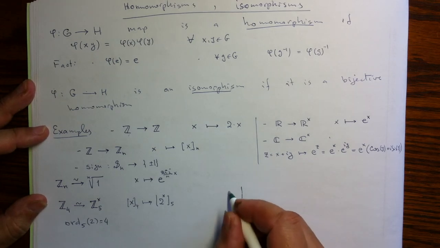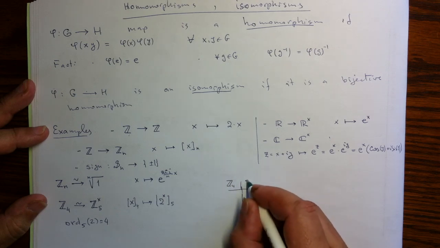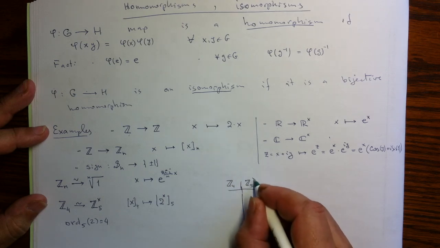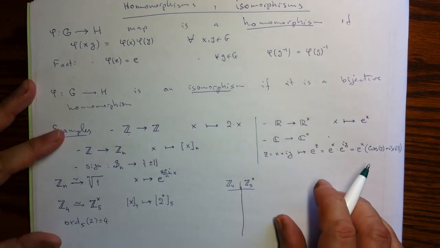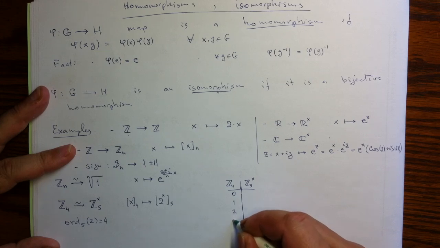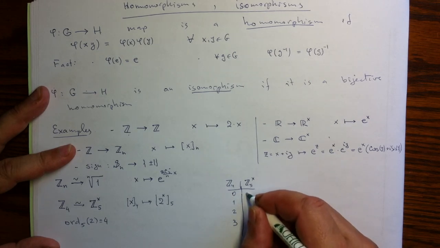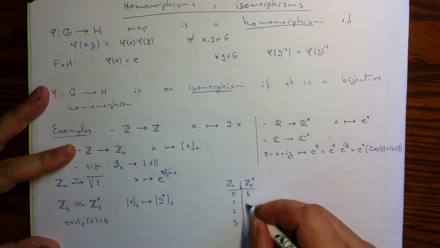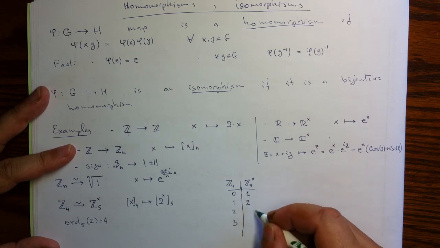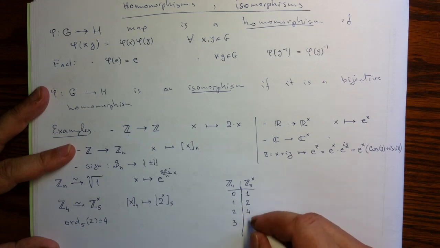So listing the integers mod 4 on the left, before the map, and integers mod 5, but under multiplication, after the map, and then just making them aligned. So there will be 4 of them. 0 goes to the 0th power of 2, which is 1. 1 goes to the first power of 2, which is 2. 2 goes to the square of 2, which is 4. 3 goes to the cube of 2, which is 8.